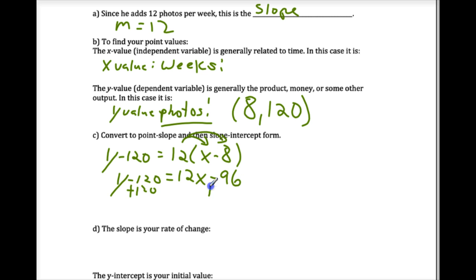Add 120 to both sides. y equals 12x. What's negative 96 plus 120? 24. Plus 24. Okay, good. That was right because that's what we had last period. All right, back to Trey now.